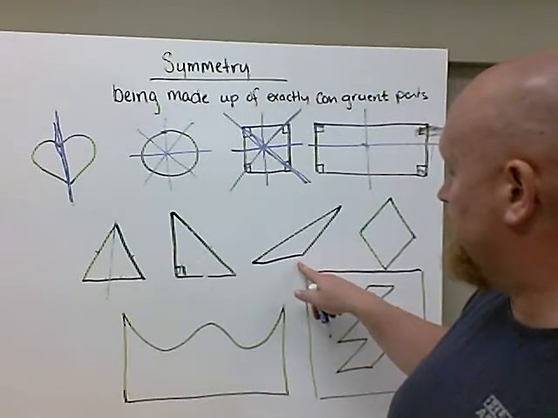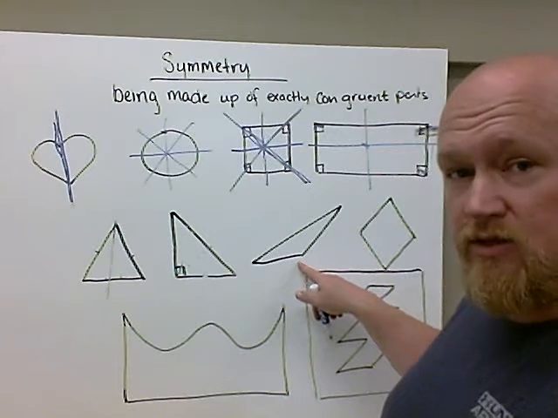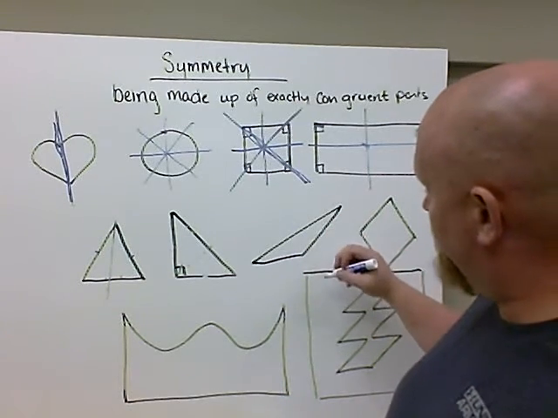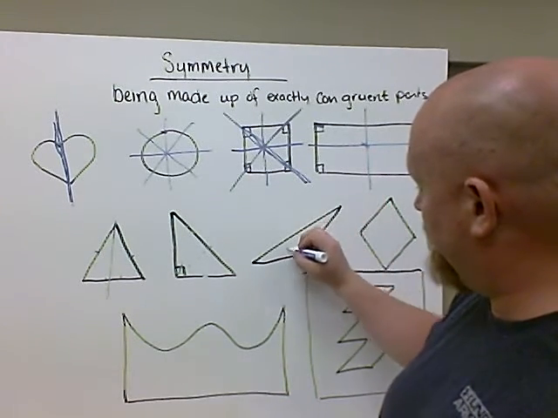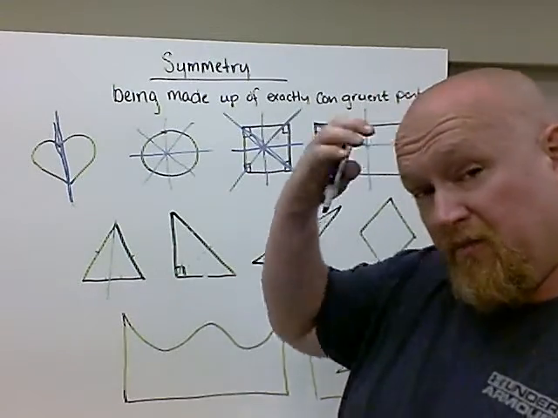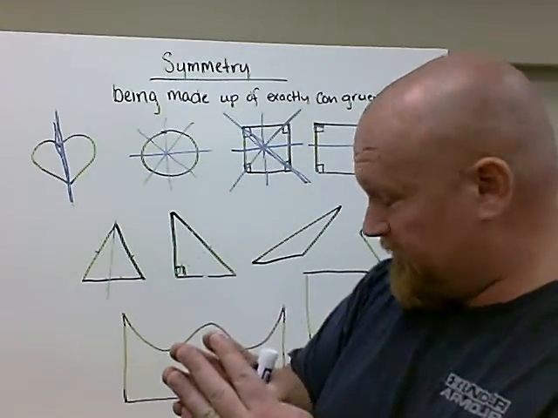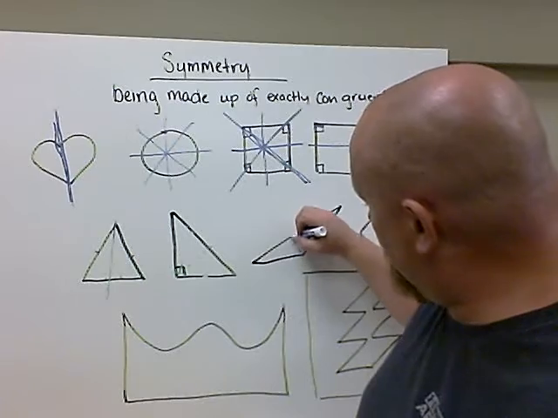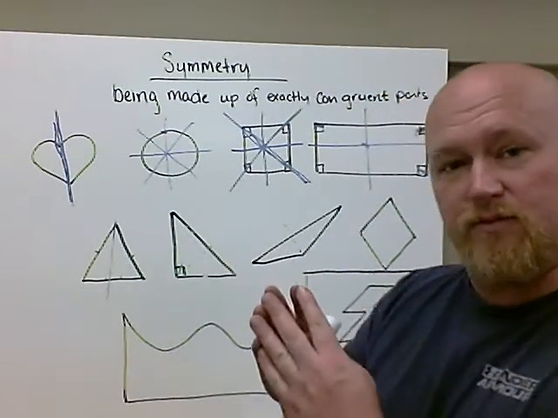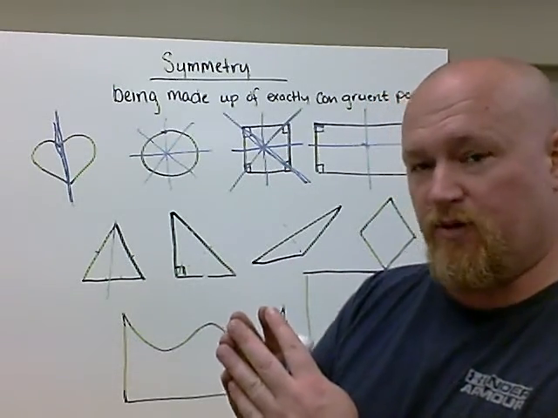Here I got an obtuse triangle. This triangle is kind of the same way. I can't split it this way because that wouldn't give me 2 foldable halves that match perfectly. I can't really do it this way. It won't give me 2 foldable halves that match perfectly.